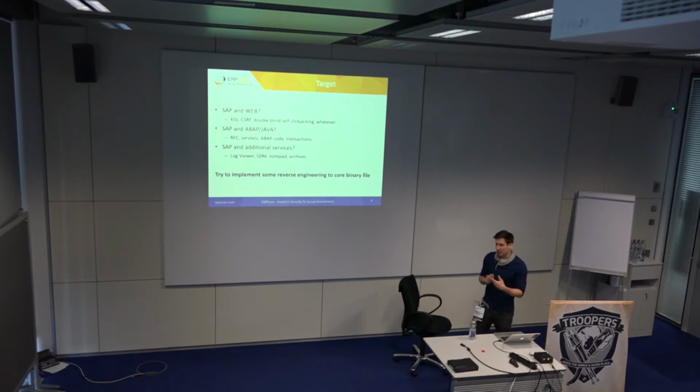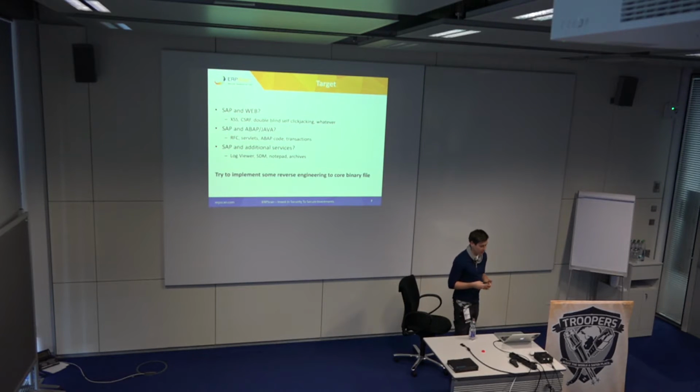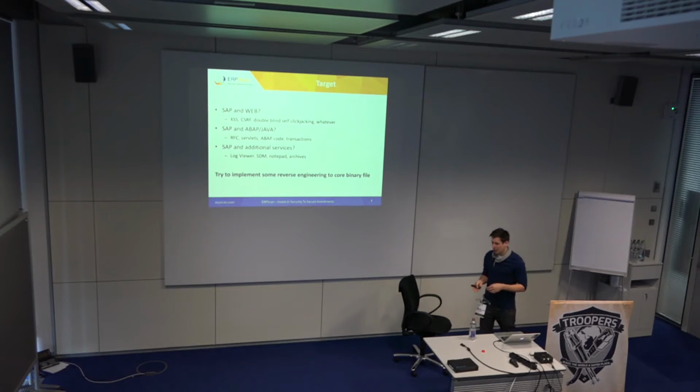For example, problems in RFC services, in Java servlets, or mistakes in ABAP code, missing authorization checks in SAP transactions. Or we can exploit some additional SAP services like Logviewer, SDM, SAP Notepad, or some archive issues, software download management, a lot of them.